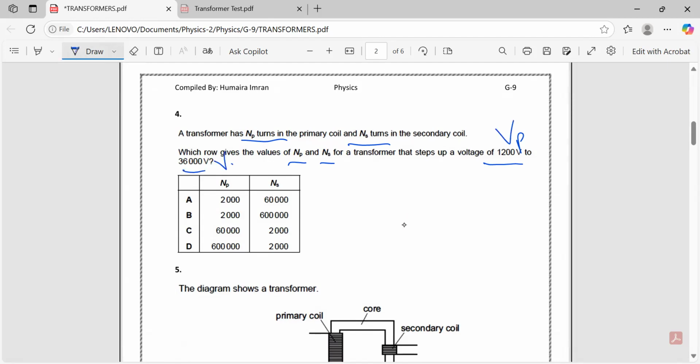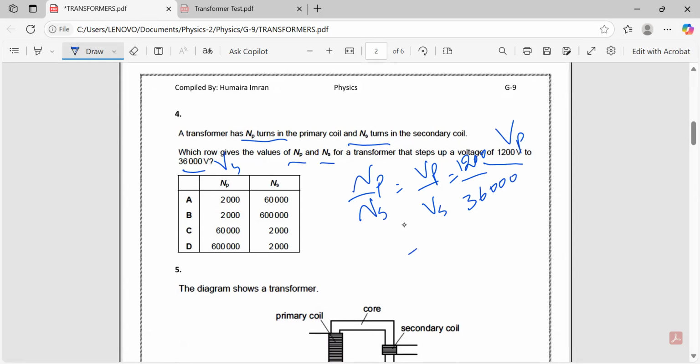As we know, the relationship is that NP over NS equals VP over VS. When we add the values here, it is 1200 over 36,000.